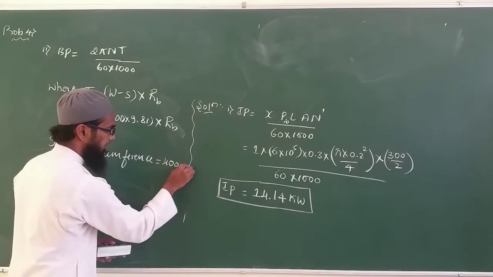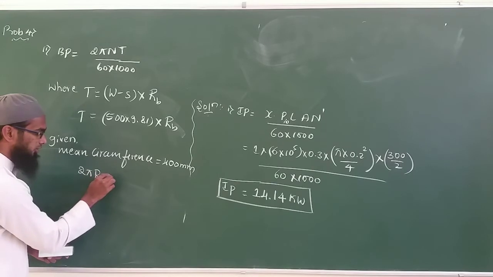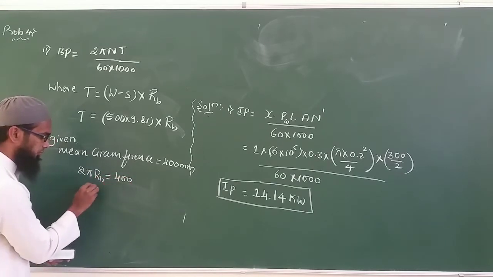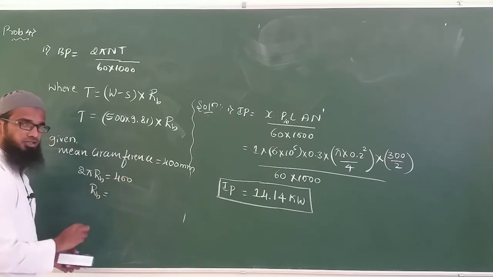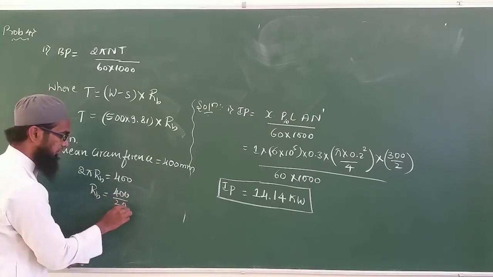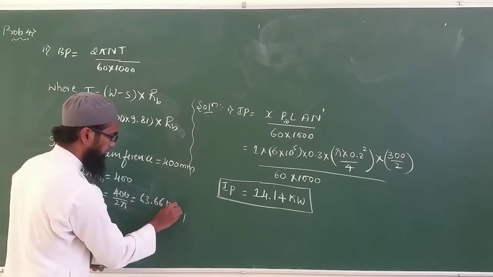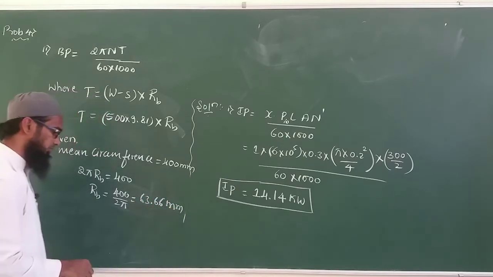Mean circumference means 2 pi R_B, so 400 equals 2 pi R_B. I can calculate R_B, the radius of the brake drum, as 400 by 2 pi, which gives 63.66 mm after simplification.